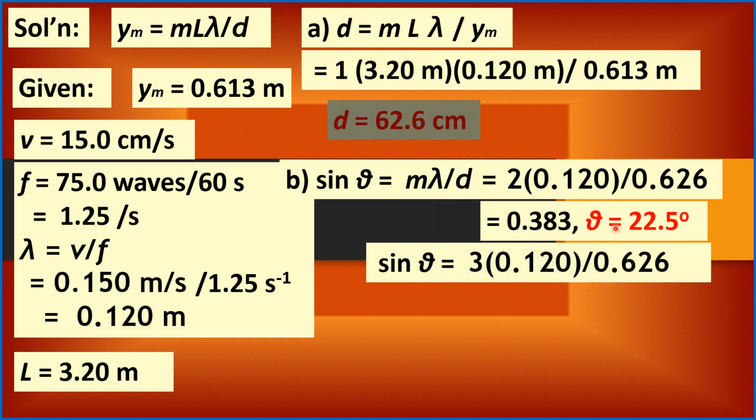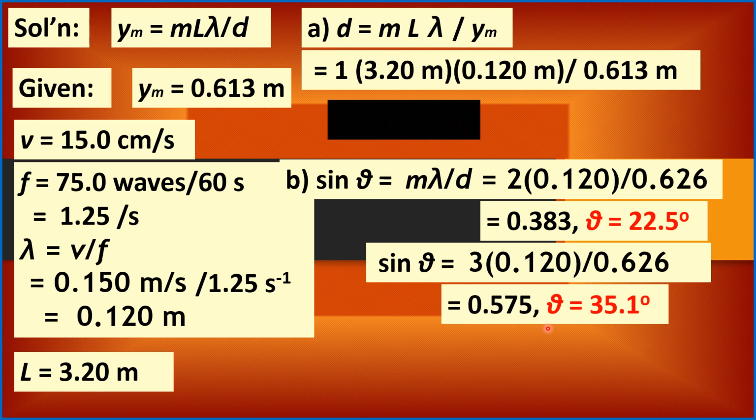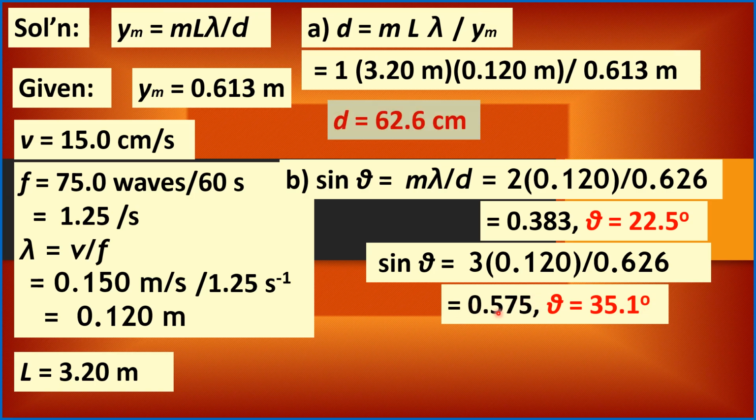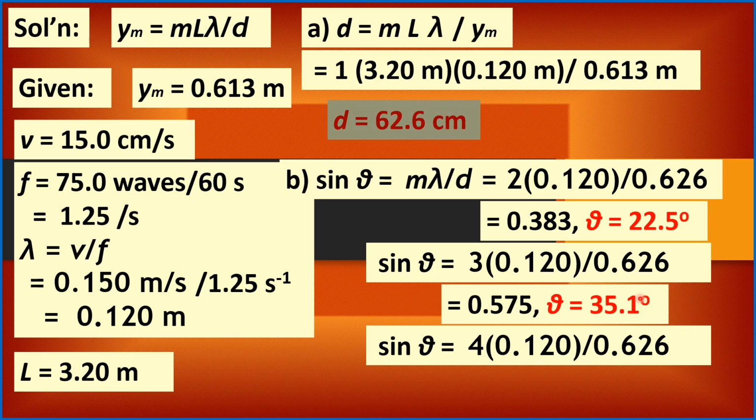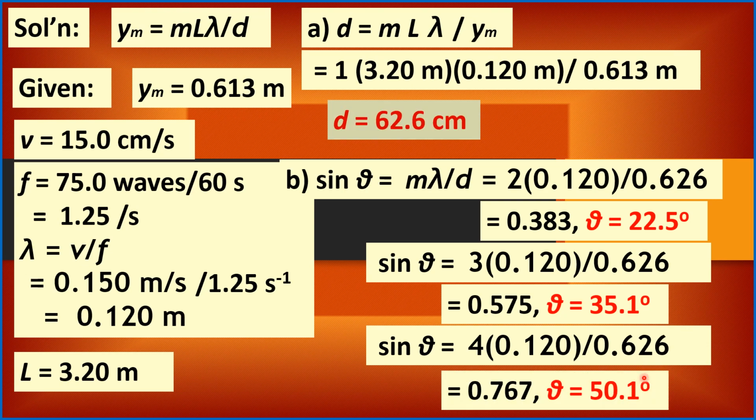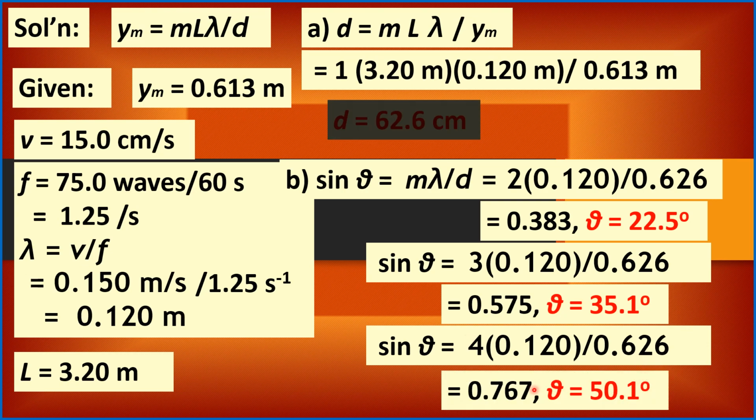Likewise, if we let m be equal to positive 3, using the same formula again, we will arrive at the sine of the angle equal to 0.575, whose corresponding angle theta is equal to 35.1 degrees. And lastly, for m equals positive 4, doing the same method, we will arrive at sine theta equal to 0.767, whose angle theta is 50.1 degrees.